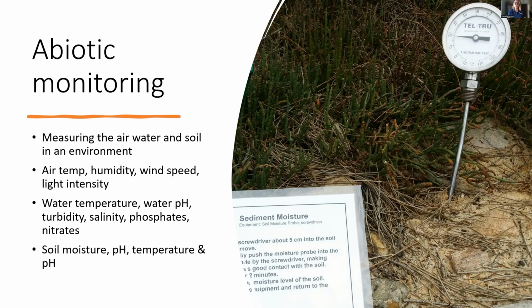You can also use pH kits, and they can either be strips, which are the little strips of cardboard, or you can also use universal indicator for that. Turbidity is a great one to do with the students, using turbidity tubes to determine the clarity of the water, and also have a look at water pH and salinity, phosphates and nitrates, as is written there.